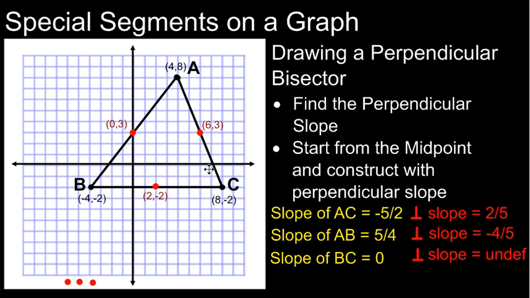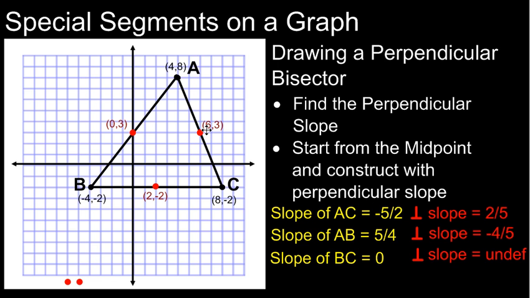Okay, so now that we found our midpoints and we found our perpendicular slopes, we can create our perpendicular bisector. And so what I'm going to do is I'm going to start at the midpoint and use my perpendicular slope to construct this line. So if my midpoint of AC is 6, 3, and my perpendicular slope of AC is 2/5, I'm going to start at my midpoint, and this one I do have to go backwards.